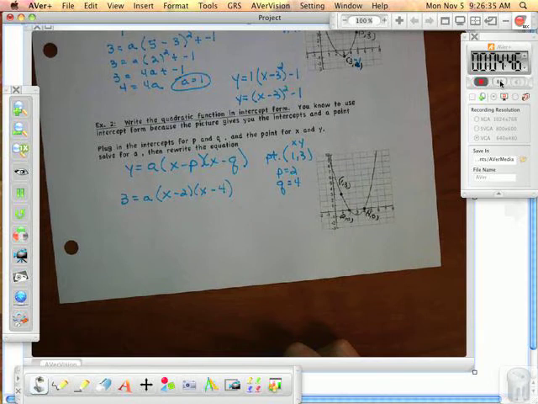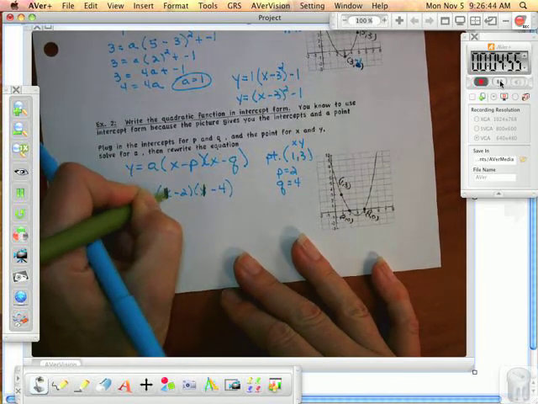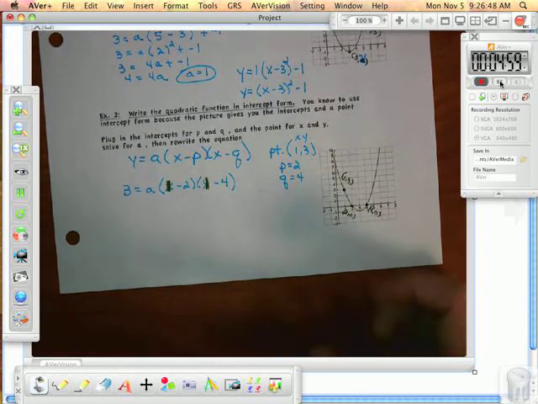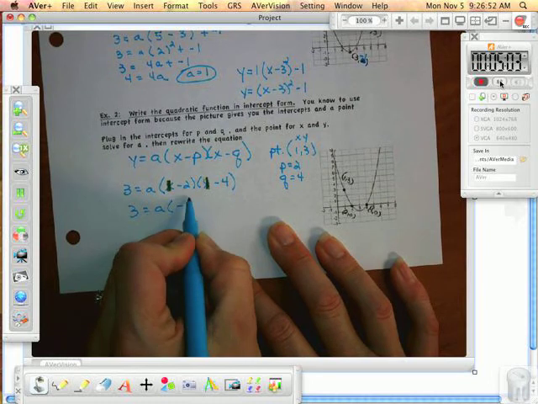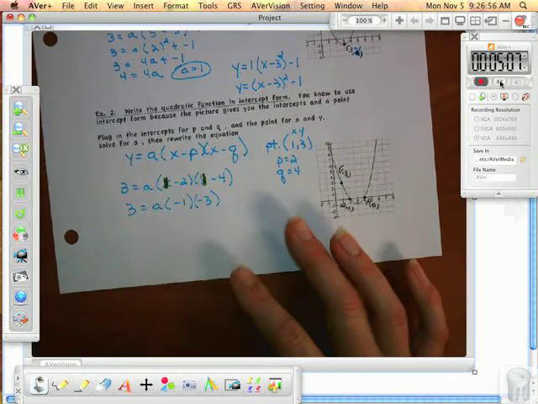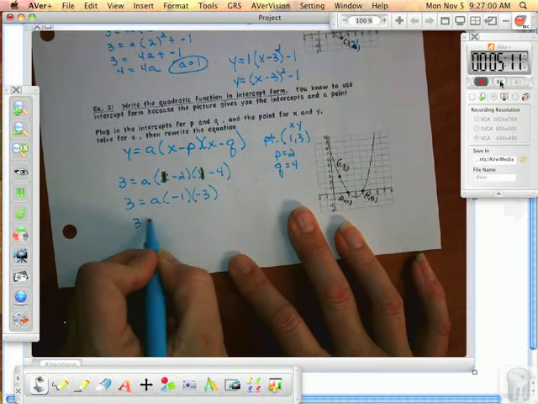That would really help, wouldn't it? x is 1. Now I can solve for a. a equals -1 times -3. 3 equals 3a. Oh, and look at that. Just a coincidence. a is 1 again.